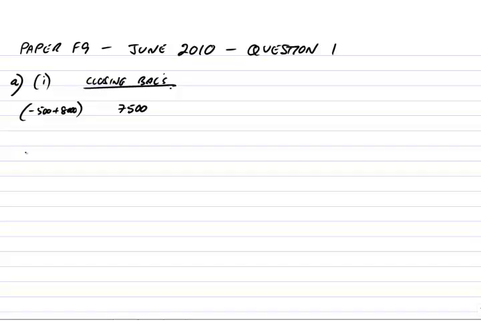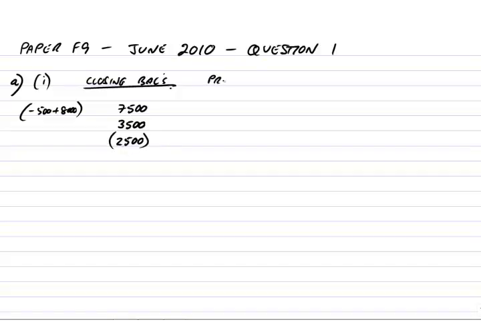Similarly, if the cash flow in period 1 is 4,000, we started with an overdraft of 500, so we end up with a balance of 3,500. And finally, if the net cash flow is minus 2,000, well, we were already overdrawn 500, we end up minus 2,500. So there are the three possible closing balances.